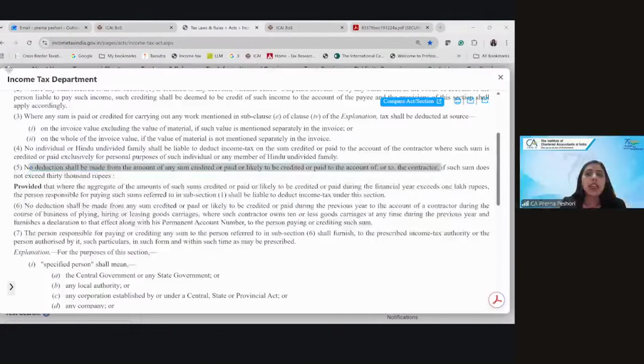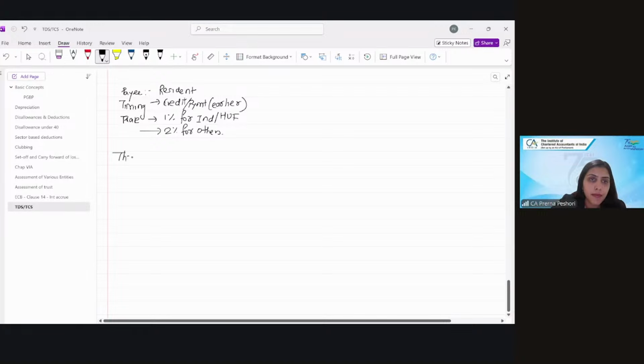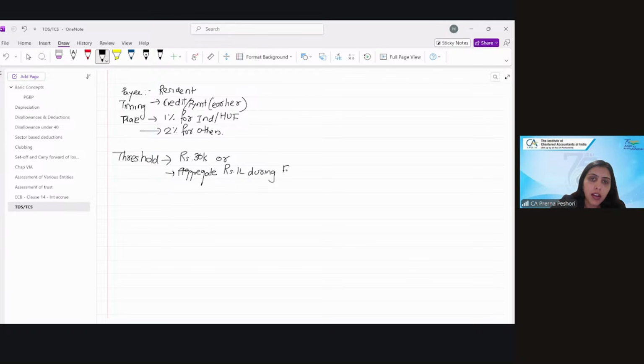So basically, here, what is my threshold? Rupees 30,000 or aggregate rupees 1 lakh during the financial year. Are we clear, students?